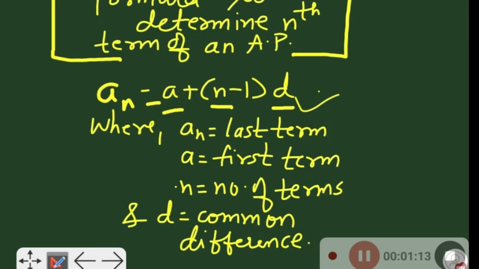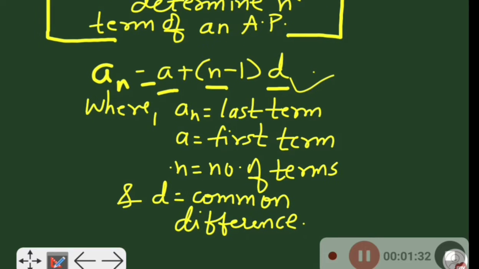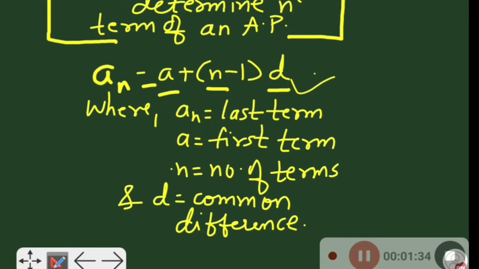Here an is the last term, a is the first term, n is the number of terms, and d is the common difference. In the given AP, we will first find the first term, then the common difference, and then we can determine the nth term of the given AP. Okay, so I hope it is clear.